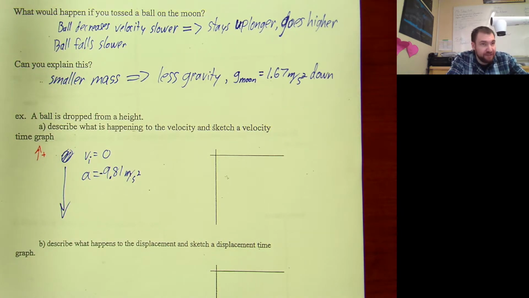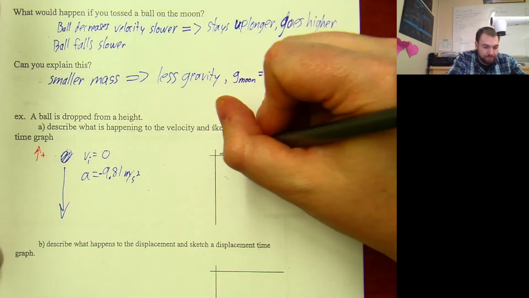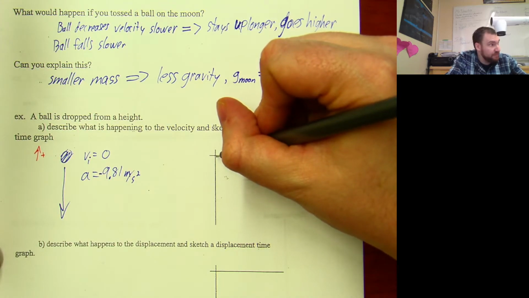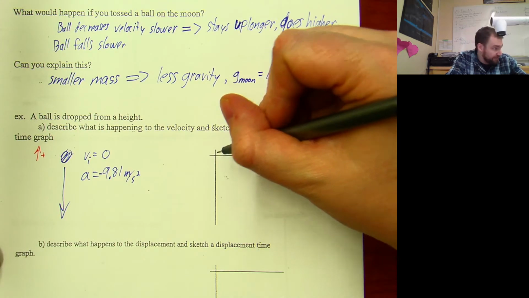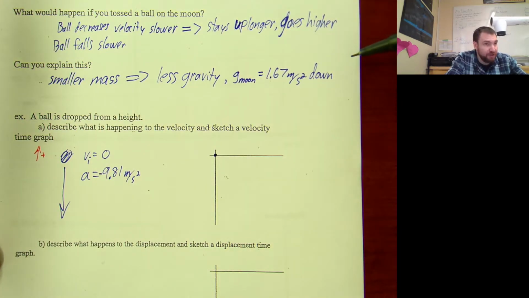So what's happening to the velocity? Well, it's going to be increasing as it falls in a negative direction. What's this graph going to look like? Velocity is not constant. Acceleration is constant. My velocity starts at 0 because I'm dropping it, not throwing it.